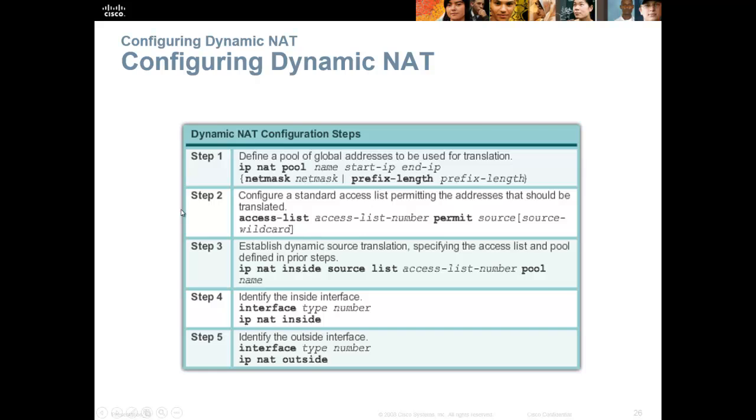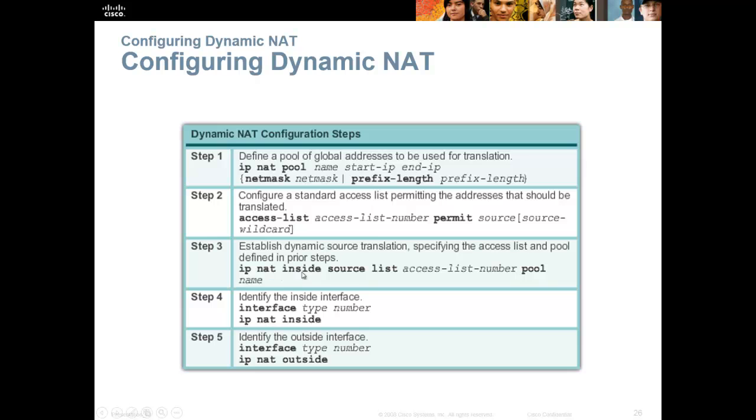So do they even show you it? No, they don't show you an example. But here I create the pool, so IP NAT pool, the pool name, and then my start IP and my end IP, and then subnet mask if I want to put that in there. And then access list 1 permit 192.168.1.0 0.0.0.255. And then I put them all together.